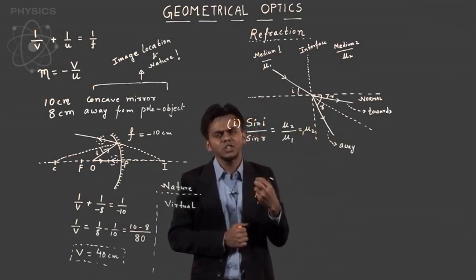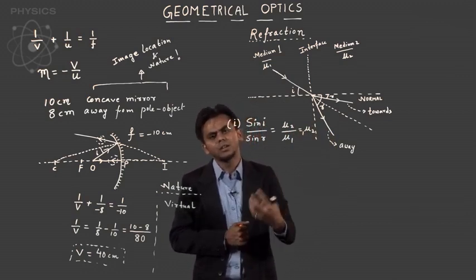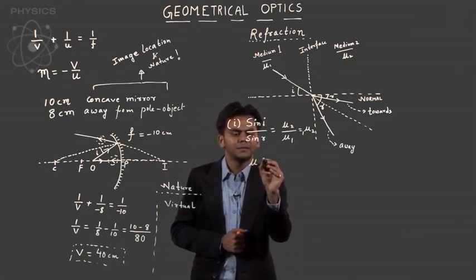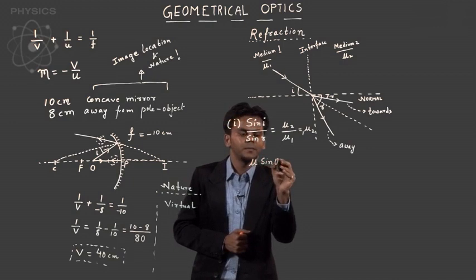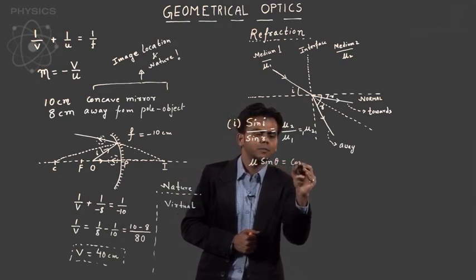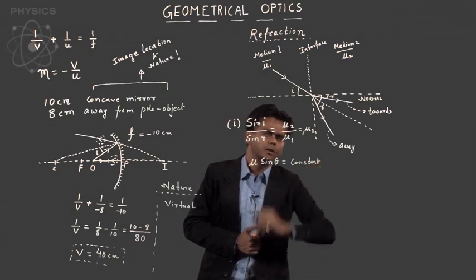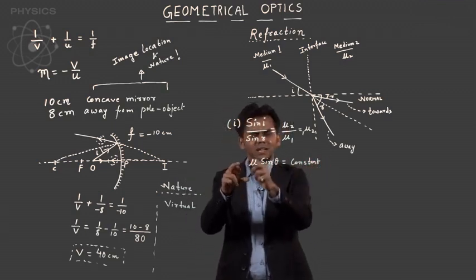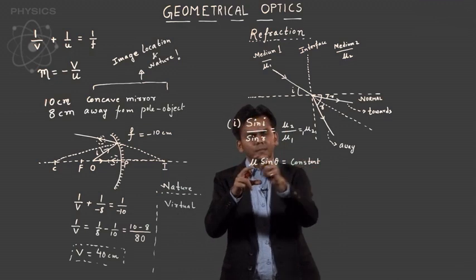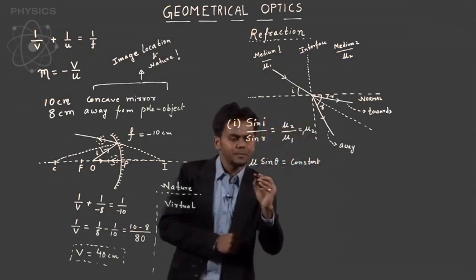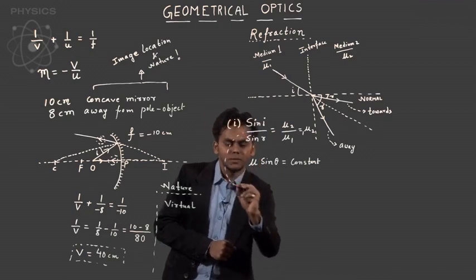But the form which should be remembered by you is mu times sin theta is constant. Now what does this mean? Let's try to understand whether this can be correlated with this.